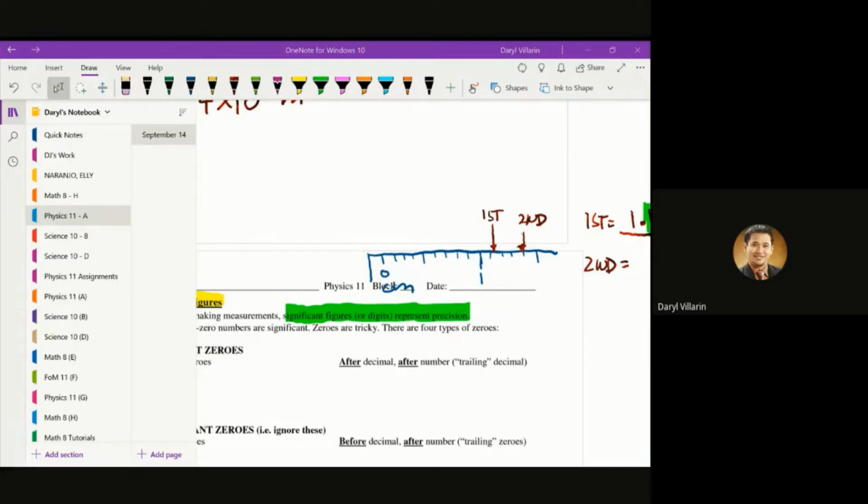Well, just make sure, especially for a ruler, because mostly we're using a ruler. If your instrument can read up to 0.1 of a centimeter, that means 1/10 of a centimeter.